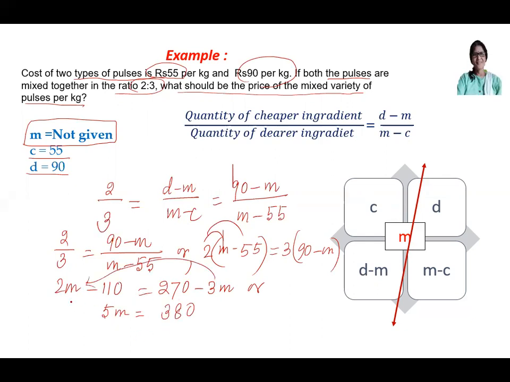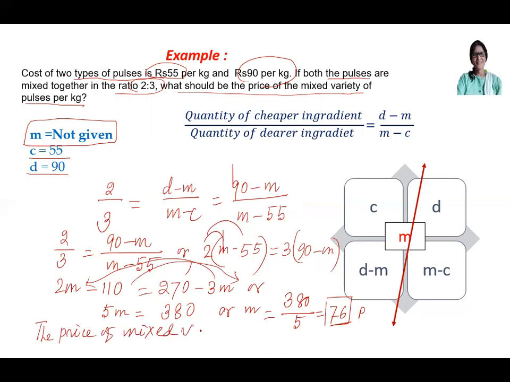I took M this side and 110 the other side, so it will be 380, or M is equal to 380 divided by 5, which is 76. So the mean price will be 76 per kg, the price of the mixed variety is rupees 76.